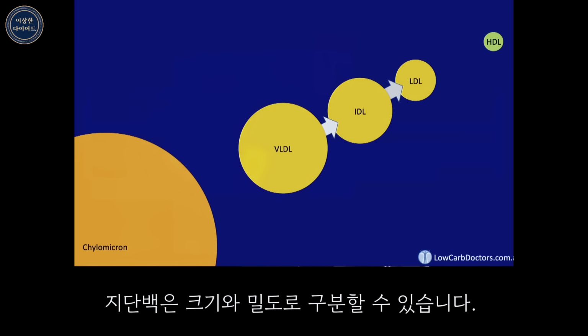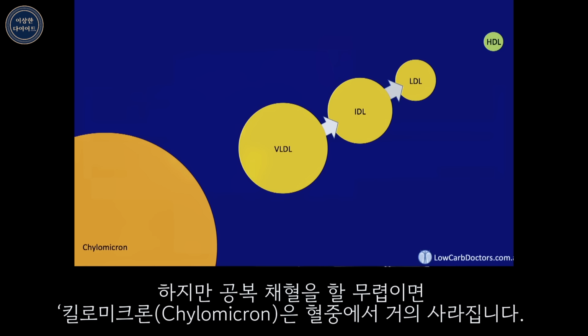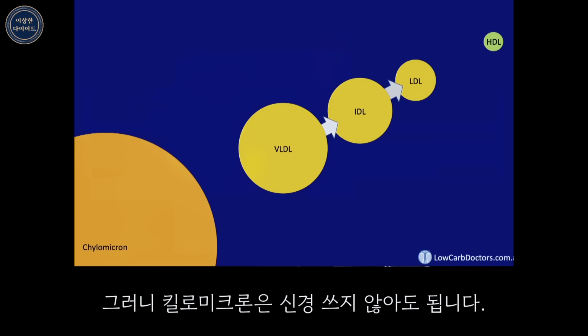And we can differentiate between these lipoproteins based on their size and their density. The lipoprotein on the bottom left, the big one, that's the least dense, the biggest, that's formed after we eat. But by the time we do a fasting blood test, the chylomicrons have basically disappeared from our blood. So we don't need to focus on chylomicrons anymore.